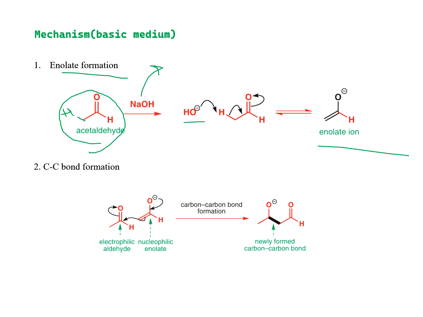Then in the second step, a new C-C bond formation occurs. The O minus in the enolate comes and forms a double bond with O, and this double bond attacks the electrophilic center so that it forms a new C-C bond.